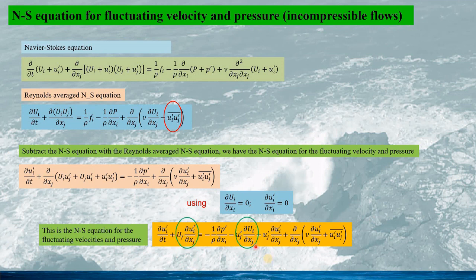And in the Navier-Stokes equation for the fluctuating velocities and pressure, we can see the mean flow velocities Uj and Ui are engaged, which can be regarded as the generator of the flow turbulence. Or from the point of view of energy, it can be understood that the engagement of the mean velocities here is a way of transforming energy from the mean flow into the turbulent flow.